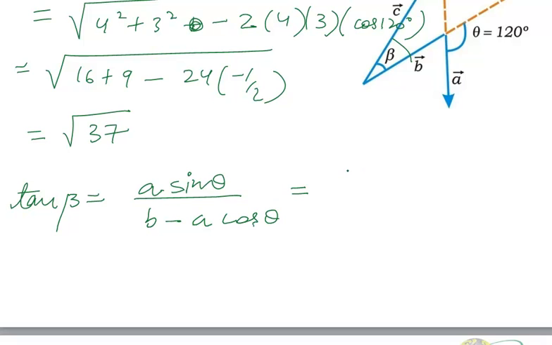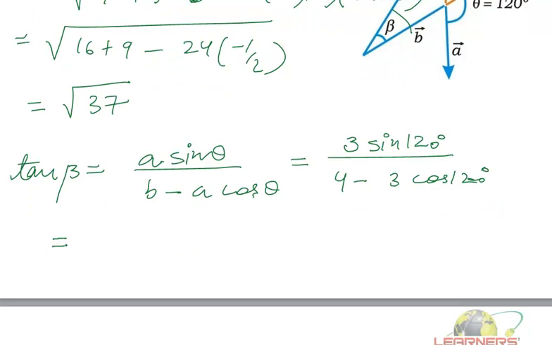So this value will be equal to 3 sin 120 degree divided by 4 minus 3 cos 120 degree. If you substitute the values, it is 3 root 3 by 2 divided by 4 minus 3 times minus half.